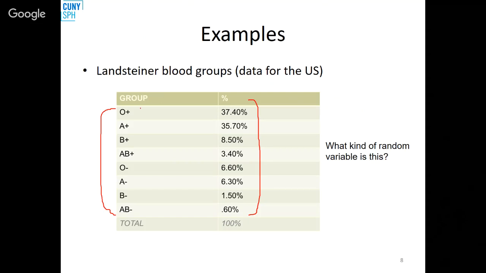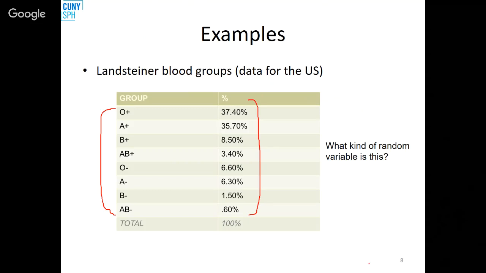So if we were to go and do a health study where we measure individuals' blood type, each time we got back a result and found out what someone's blood type was, what would that be in our probability terminology? It would be an event, right? Something with a measurable outcome and that we have measured.